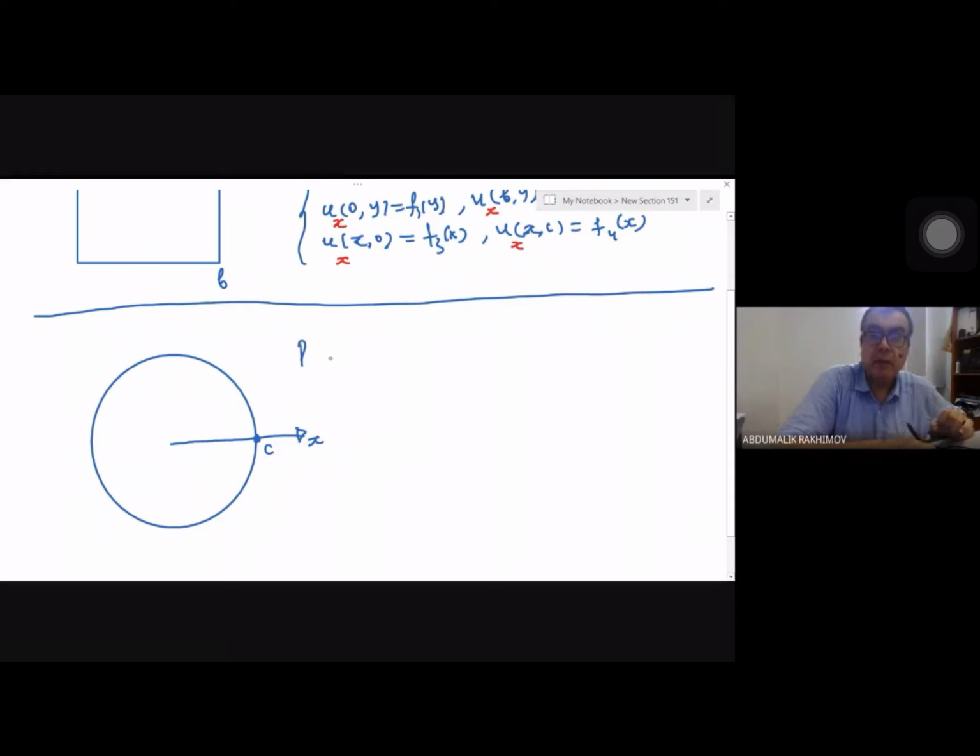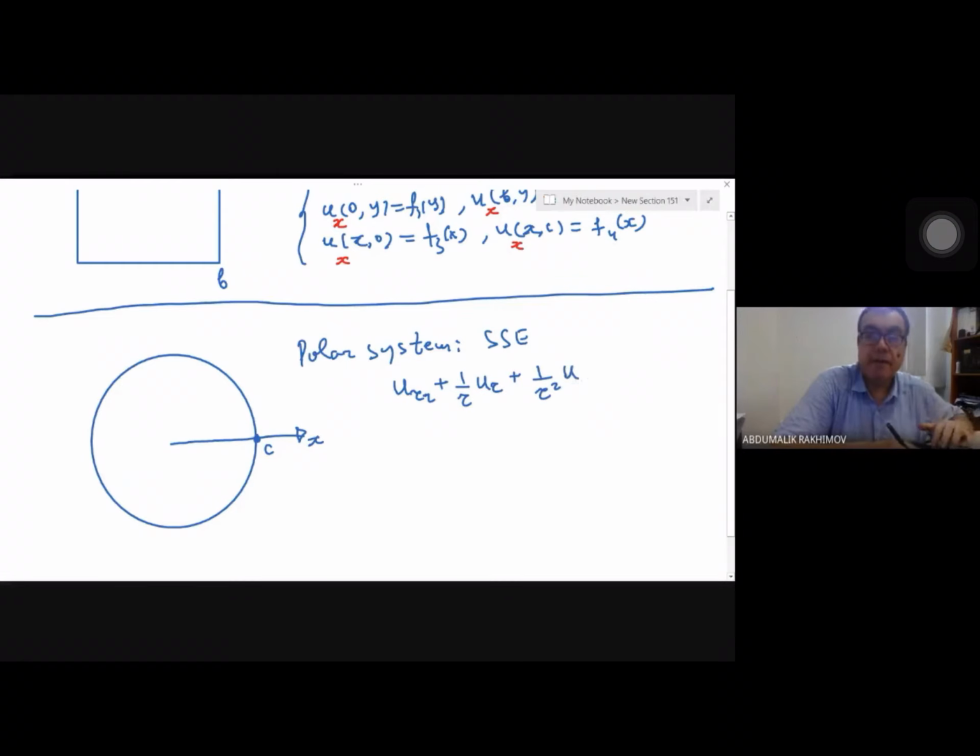In the polar system, the steady state equation we can write like this: u_rr plus 1 over r u_r plus 1 over r squared u_phiphi.